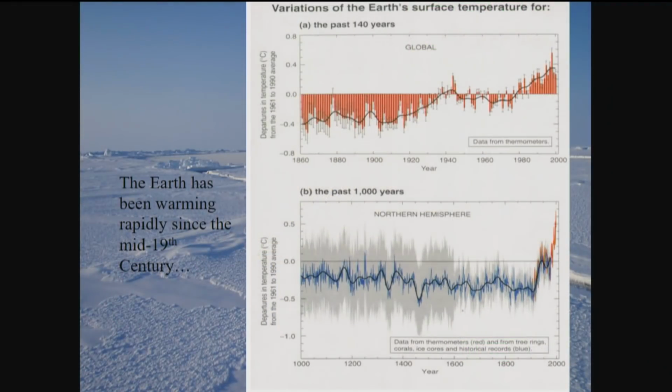But we can see that the warming from the middle of the 19th century until today was about 0.8 of a degree. That's the average temperature of the Earth. So the man-induced global warming from the Industrial Revolution has been about 0.8 of a degree so far.